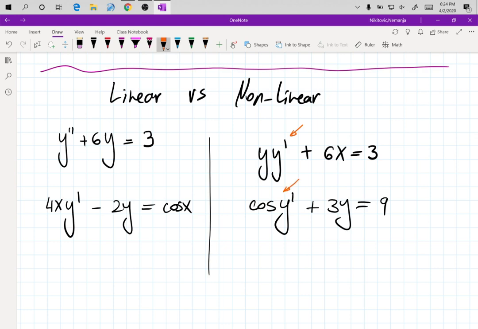The nonlinear terms. So anything, function composition, multiplication or division of the two y's, and so on, all of those are making your differential equation non-linear.